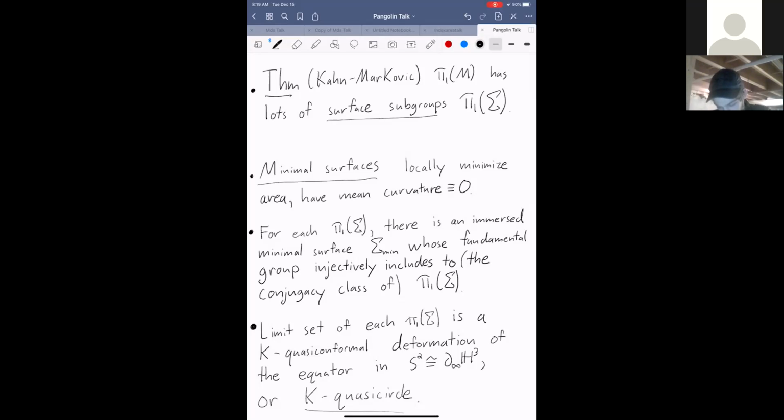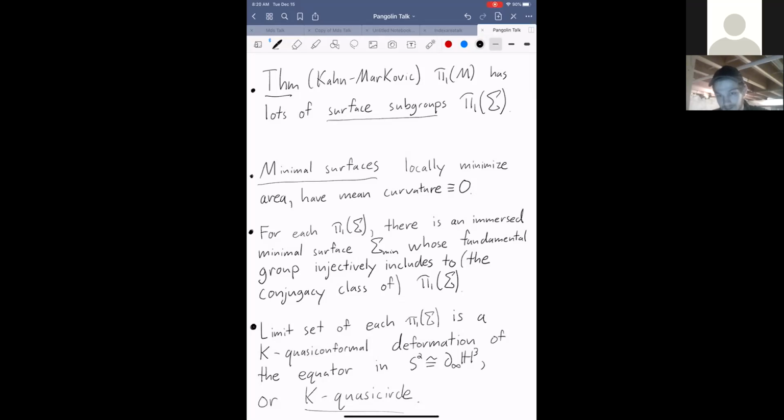And what do I mean by the limit set of pi1 of sigma? One way to say it: you take an immersed surface in M whose fundamental group injectively includes to pi1 of sigma.